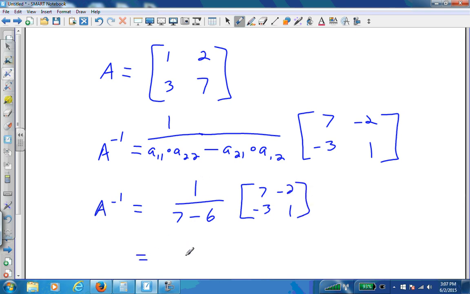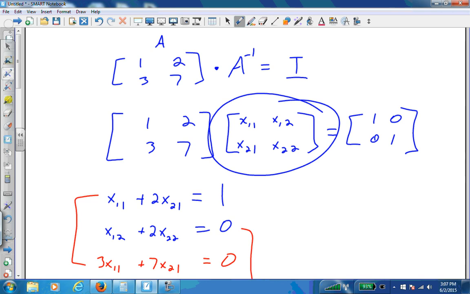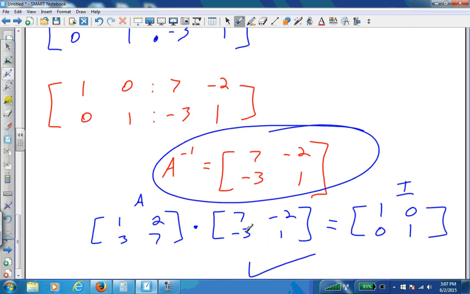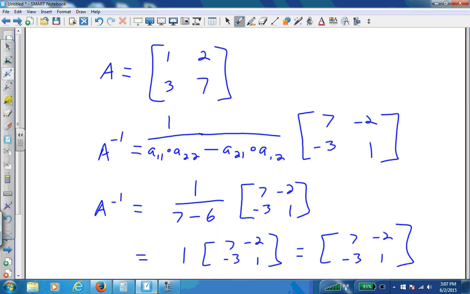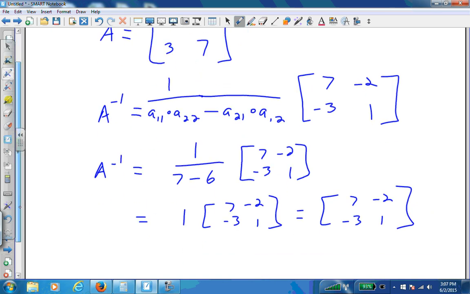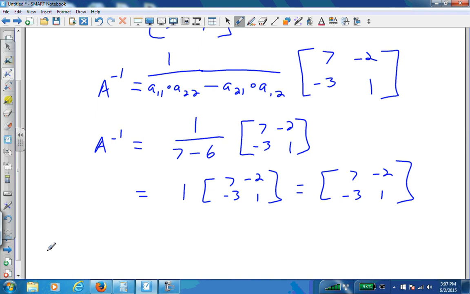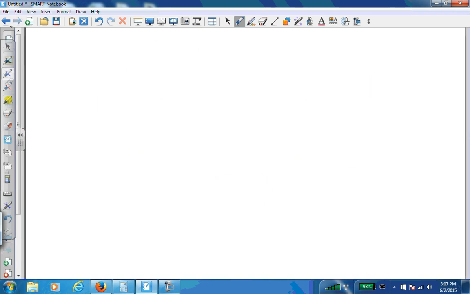We have a 1 on bottom, 1 on top, so 1 times that matrix gives us 7, negative 2, negative 3, 1, which is the same thing we got there for our inverse. A bit shorter. Again, that's kind of a trick for 2x2s. It doesn't work with all of them.